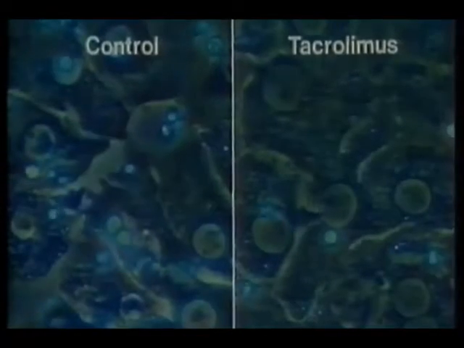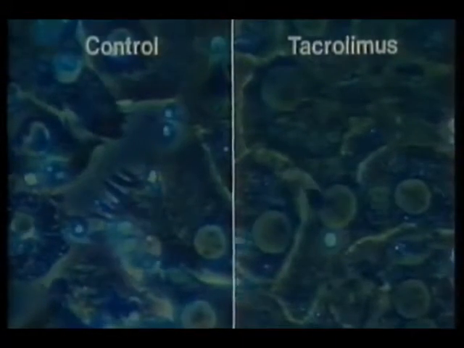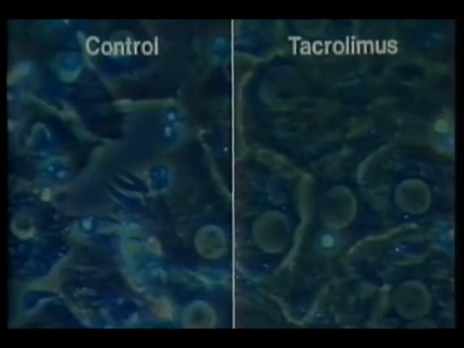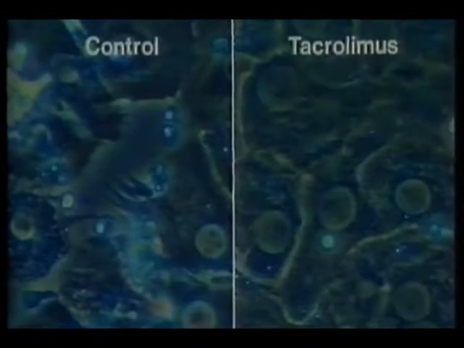Even in the same condition as before, where we saw destruction occurring, now with tacrolimus, the killer T cells do not attack the hepatocytes. Here we can see that the killer T cells of the recipient, unless they are activated, cause no tissue injury.